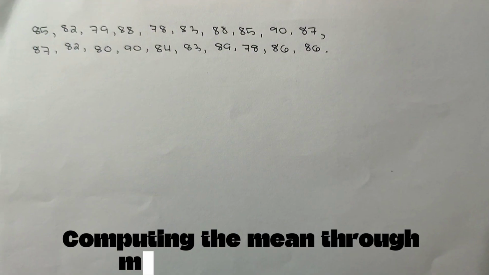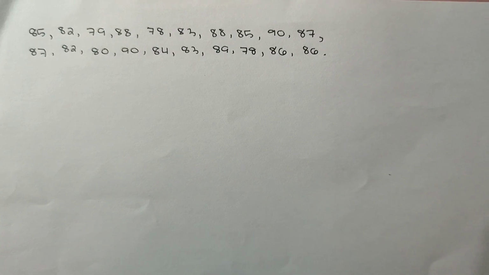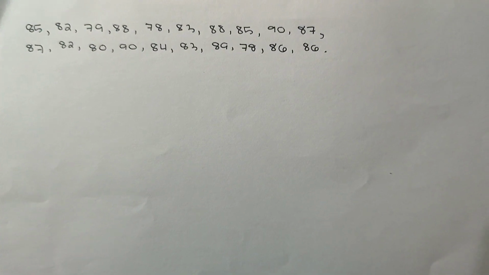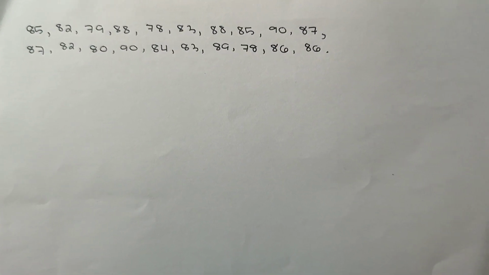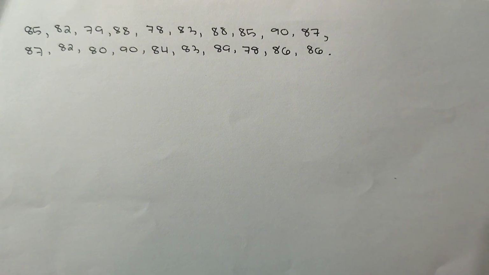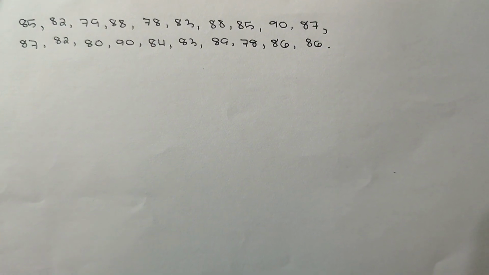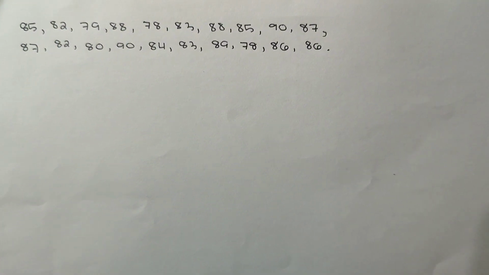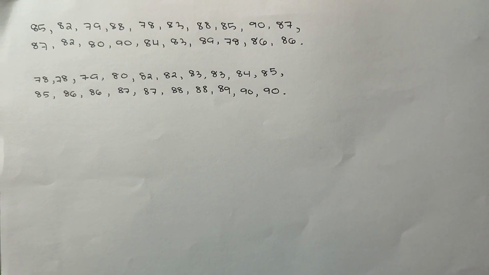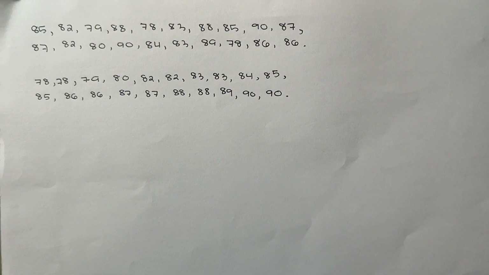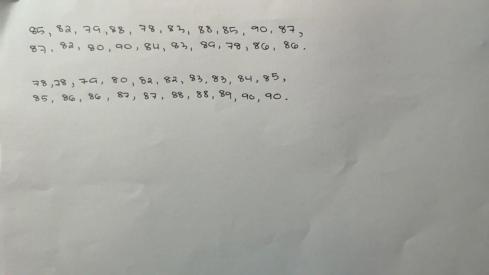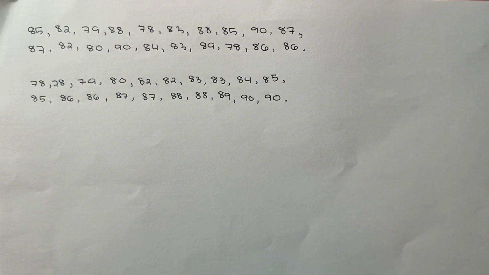In order for us to solve for the ungrouped mean, we will have this example. First, we need to arrange it into either ascending or descending order. In this case, we will arrange it into ascending order, or from lowest to highest.